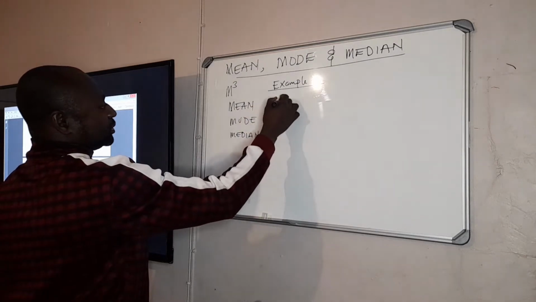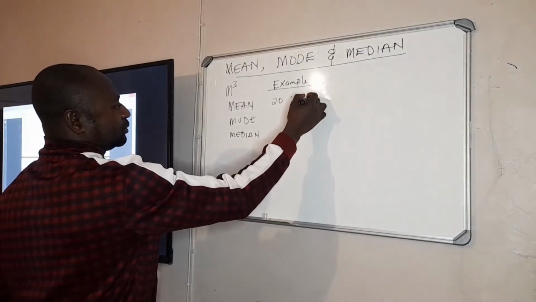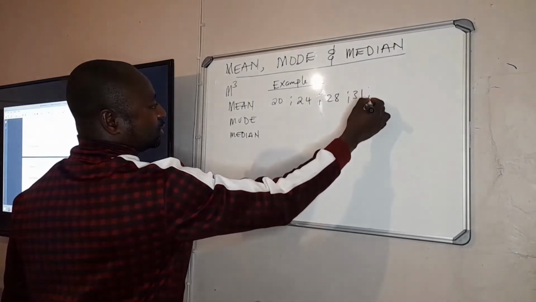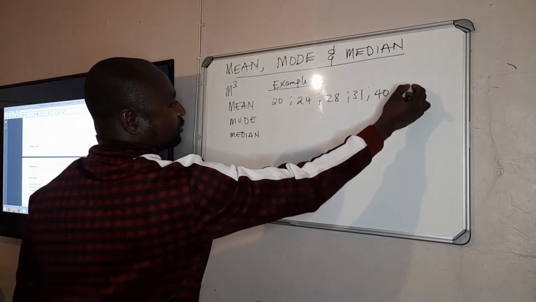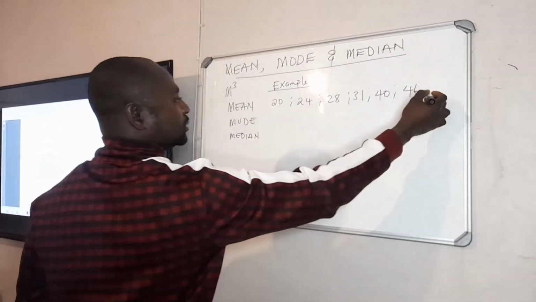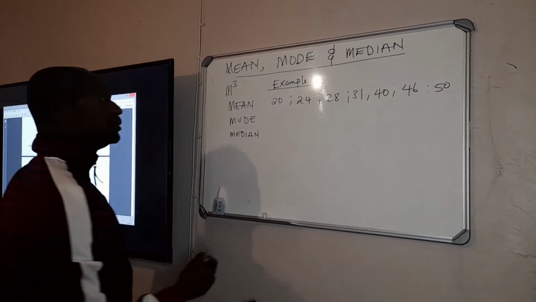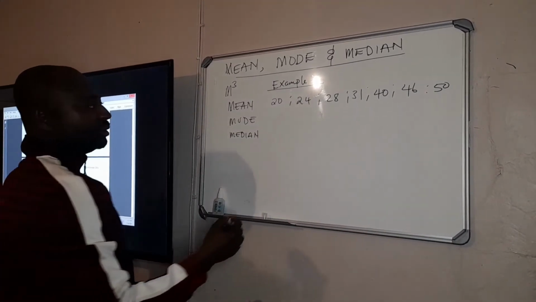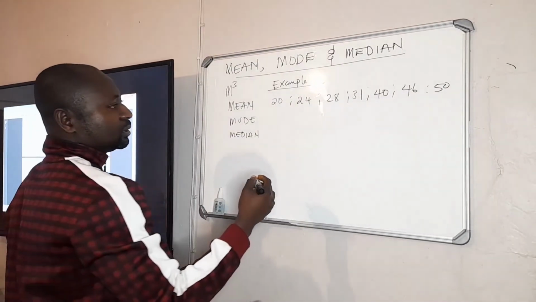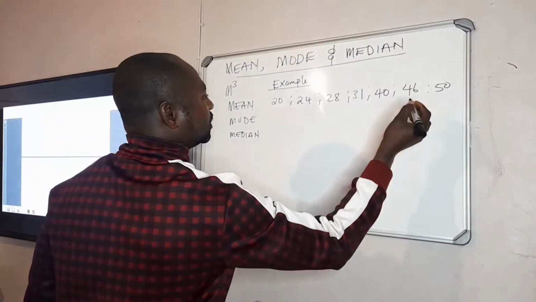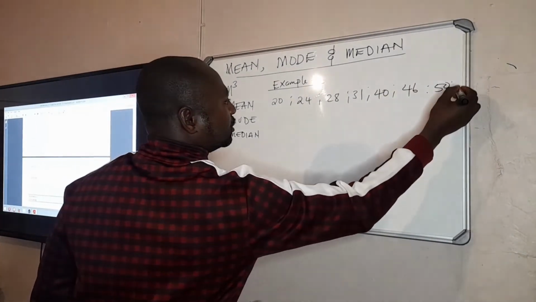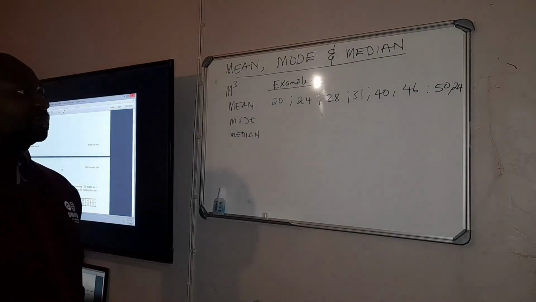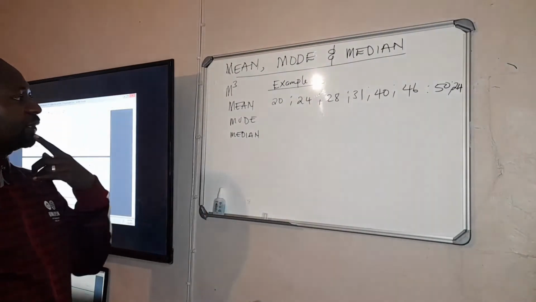Let's say we have 20, 24, 28, 31, 40, 46, 50. Now in exams, they will ask you to determine the mean, the mode, and the median. Let me add another number, say 24 again.